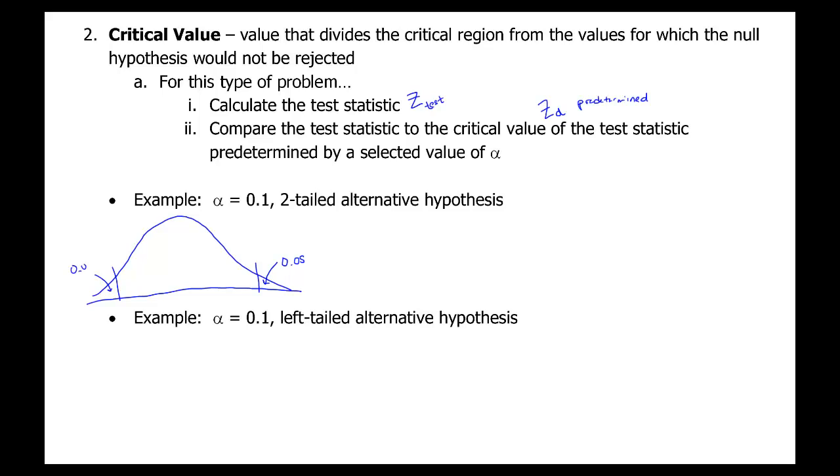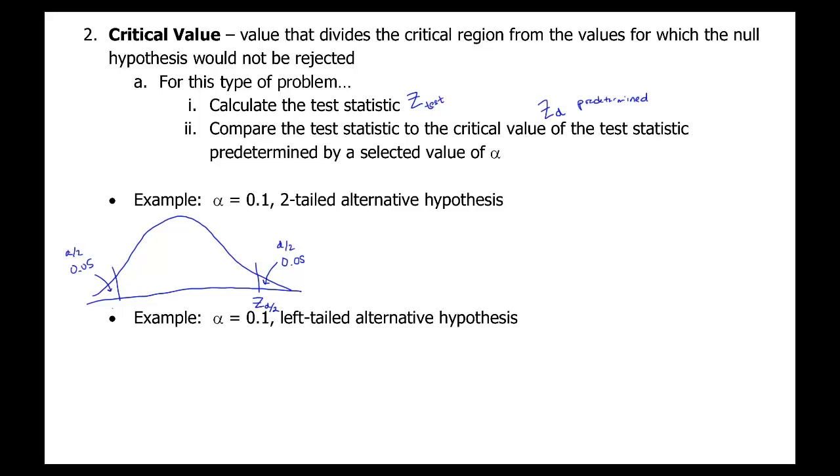And if we were using the critical region method, that's all we would need to do. But since we're going to use the critical value method, we just want to know what this value is. And since it's a two-tailed test, I'm going to write z alpha over 2, because this is alpha over 2 over here, and this is alpha over 2 over here.